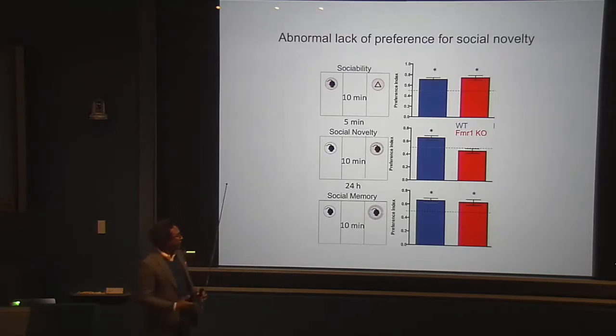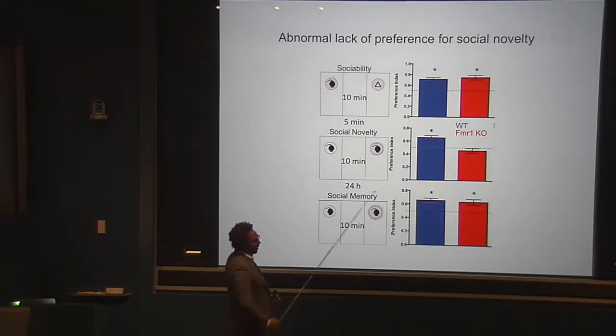But their memory, if you come back 24 hours later, they'll prefer the novel mouse again. So they have some kinds of social differences, but it's not clear from this whether you would say they have a weird social life or not.